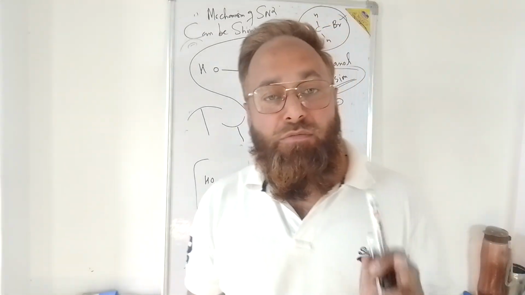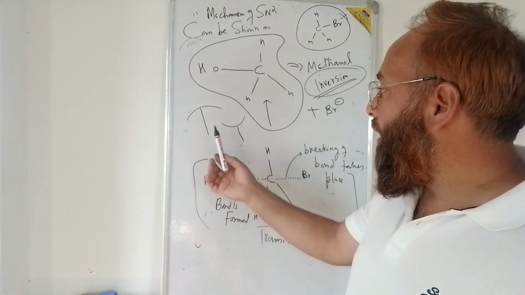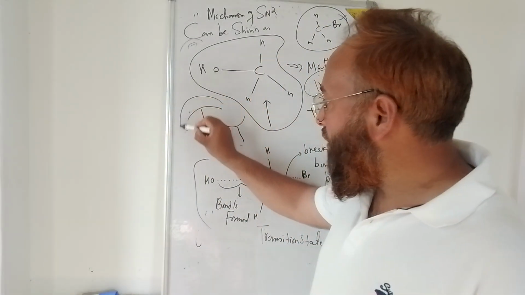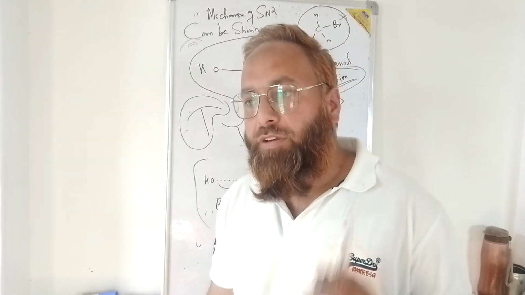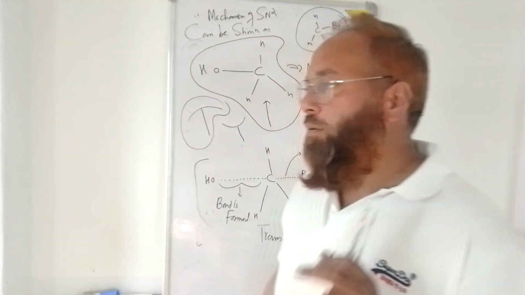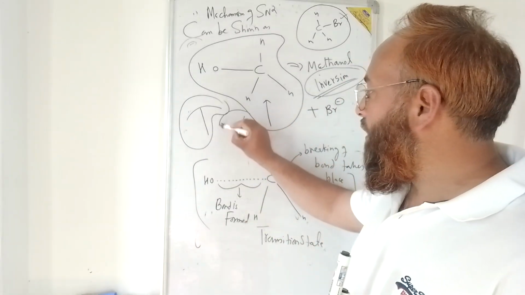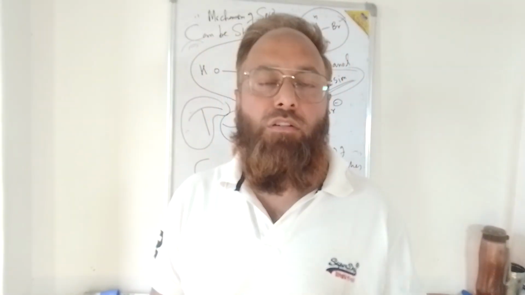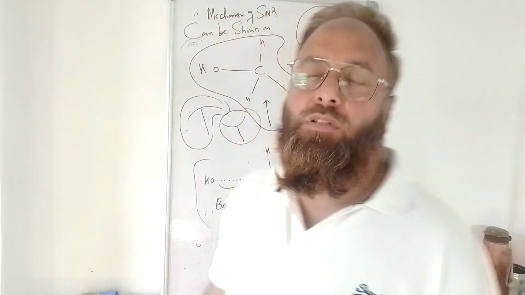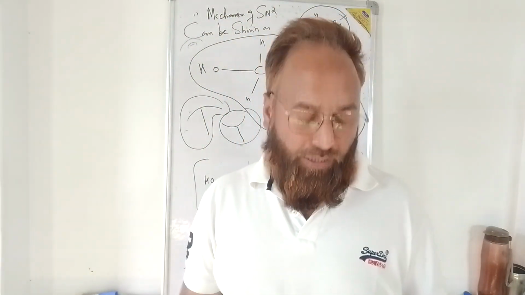So overall, inversion is a process just like the umbrella, which first shows this configuration, and after the storm or wind comes, the configuration of the umbrella is inverted. This sort of phenomenon, this sort of process, is known as inversion. So in the SN2 reaction, inversion takes place.